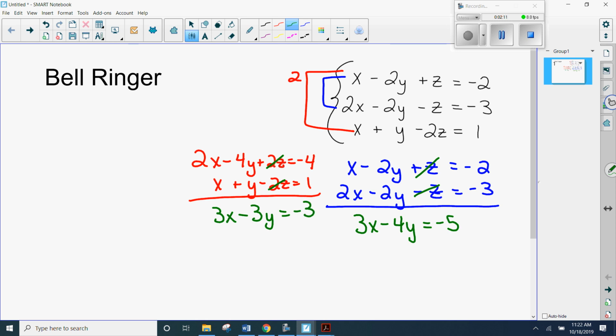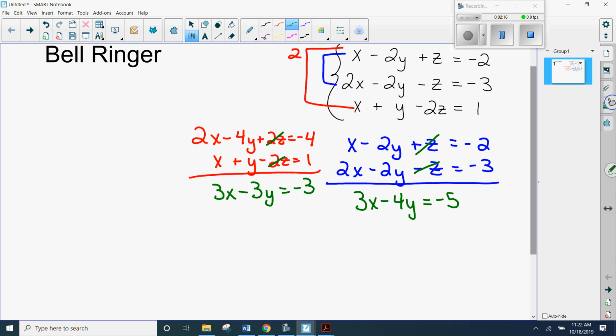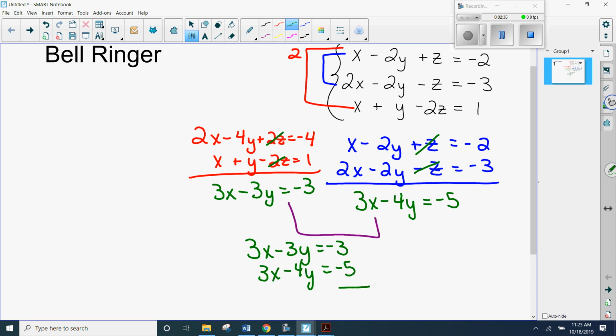Then what do you do? I would put these two equations together. So you have 3x minus 3y equals -3, and 3x minus 4y equals -5.